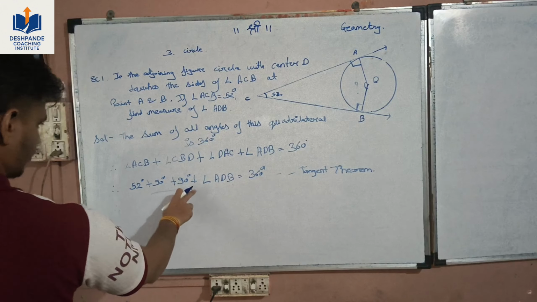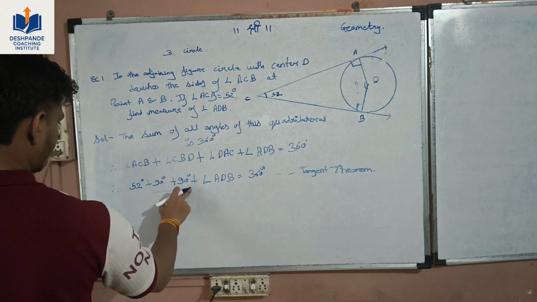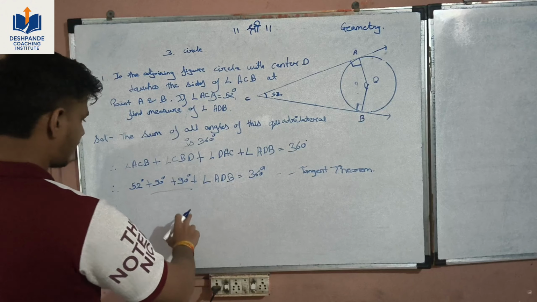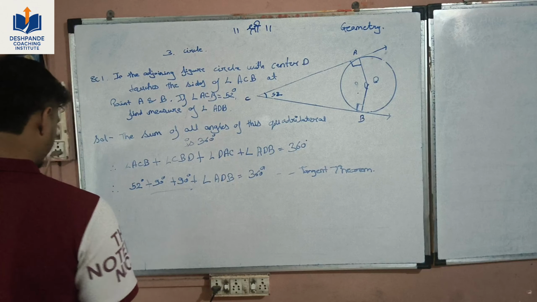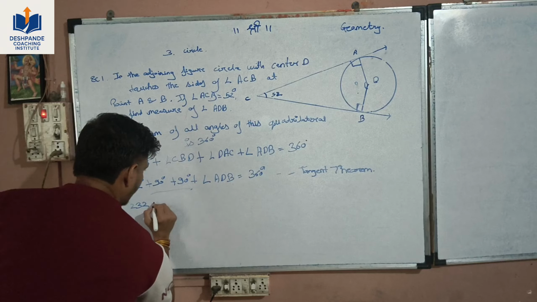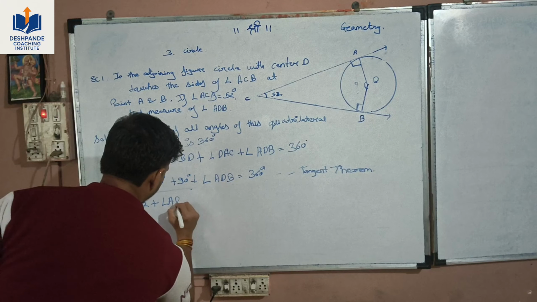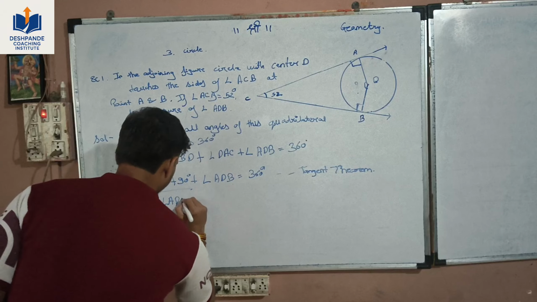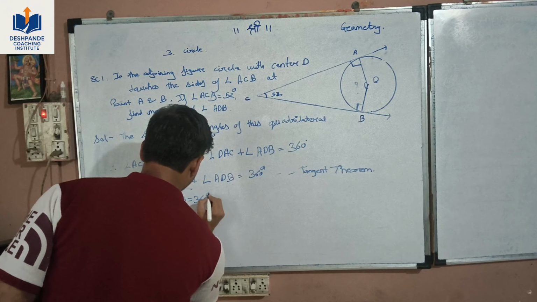Now add all of this and the remaining is ADB. 90 plus 90 is equal to 180. 180 plus 52 is equal to 232. So 232 plus angle ADB is equal to 360 degrees.